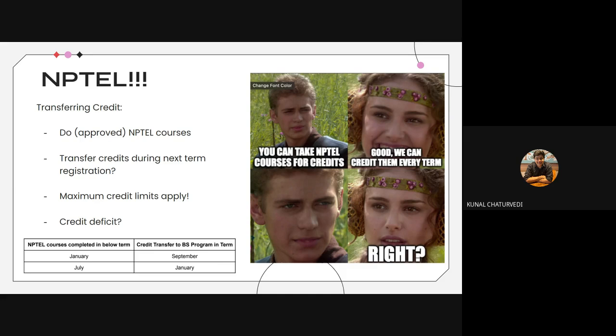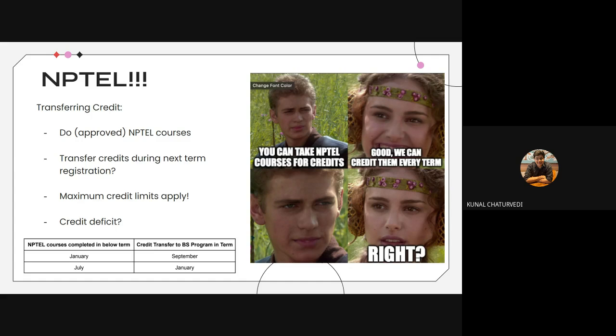And the credit transfer of this happens almost automatically, because if you do these approved courses which are sent to you as a list by IIT-M, they are directly visible on your student dashboard, since you have to register for these NPTEL courses with your student ID itself, and they have their own internal system where these reflect automatically on your IIT-M BS student dashboard. But there is a catch here. Our own system works as a trimester system. So we have these January, May, and September terms.